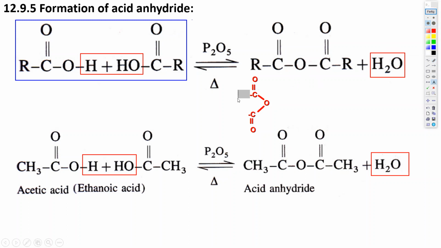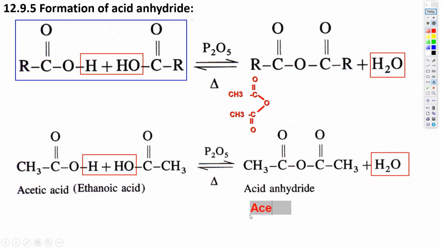So the CH3 group, CH3, like this. So the structure is like this: CH3 C double bond O, O C double bond O, CH3. This is the acetic anhydride. Instead of acid anhydride, you can write down acetic anhydride.